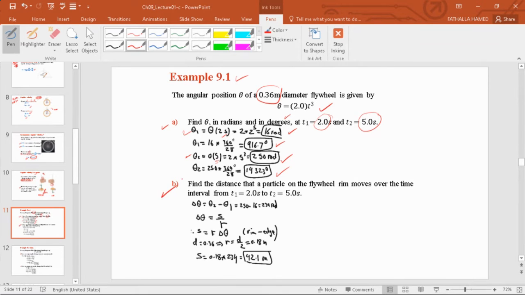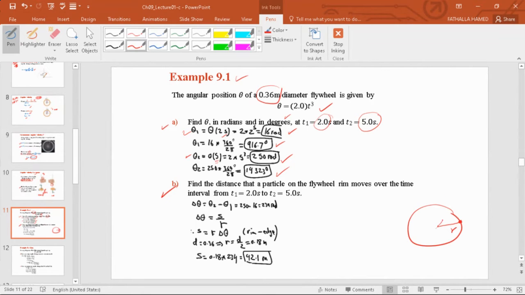B, find the distance that a particle on the flywheel rim moves over the time interval t equal to 2 seconds to t equal to 5 seconds. So you look at your flywheel and you want to look at a particle on the rim. So you're basically having the radius there.